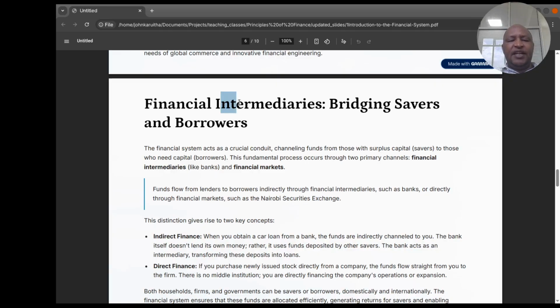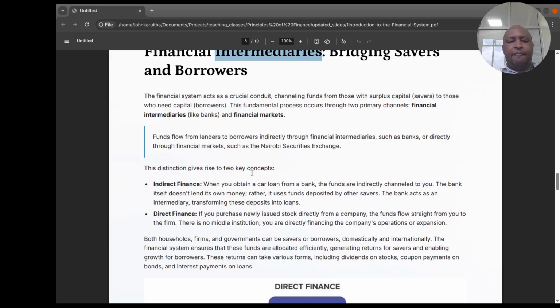Think of an intermediary as a broker, a go-between. So we have many examples of financial intermediaries, including commercial banks, microfinance institutions, SACCOs, insurance companies, pension funds, investment banks, and so on and so on. There are so many of them.